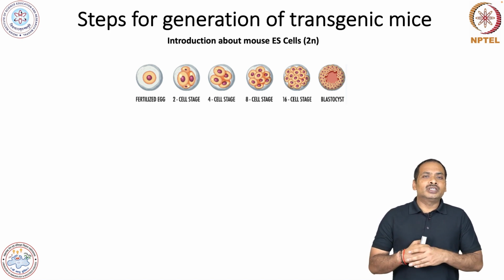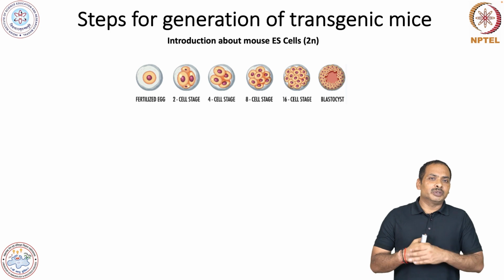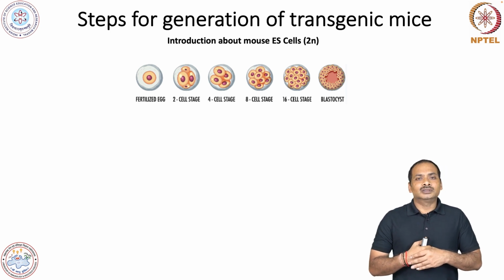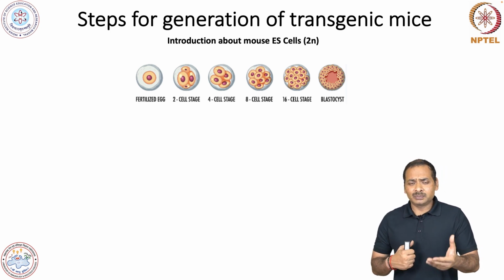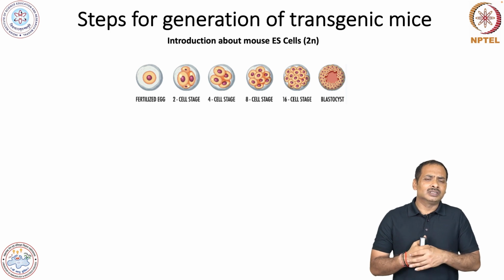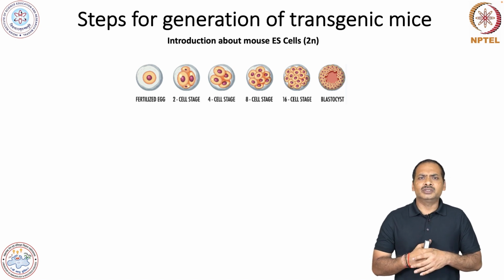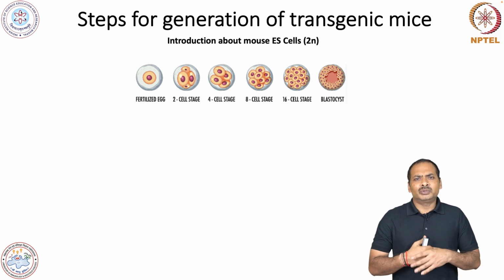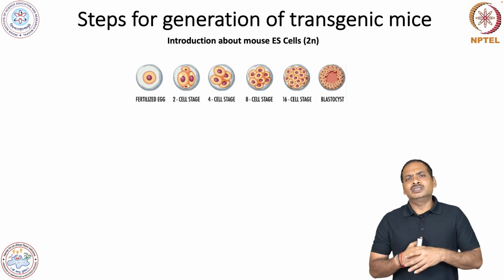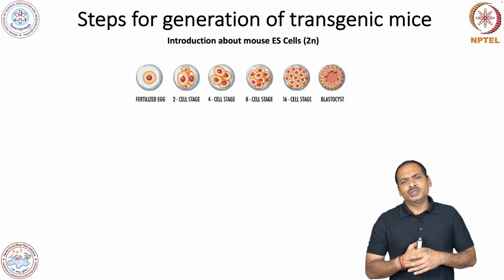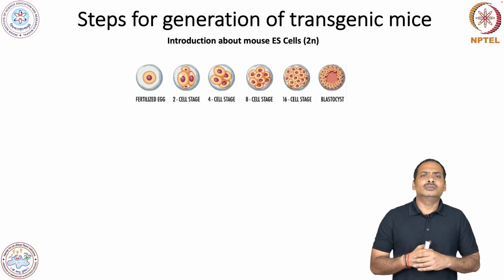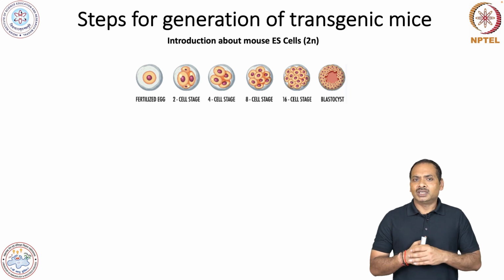This mouse embryonic fibroblast we basically prepare from mouse pups which are still in development, still in utero, inside the uterus. We sacrifice those pregnant female mice, take out the embryos, and from those make the mouse embryonic fibroblast cells.